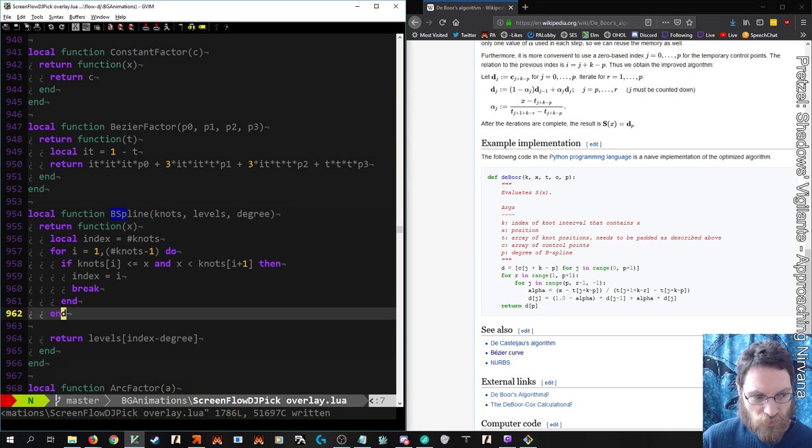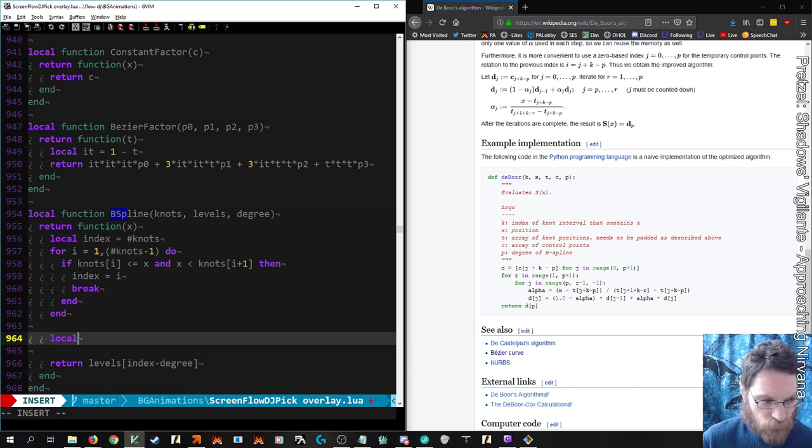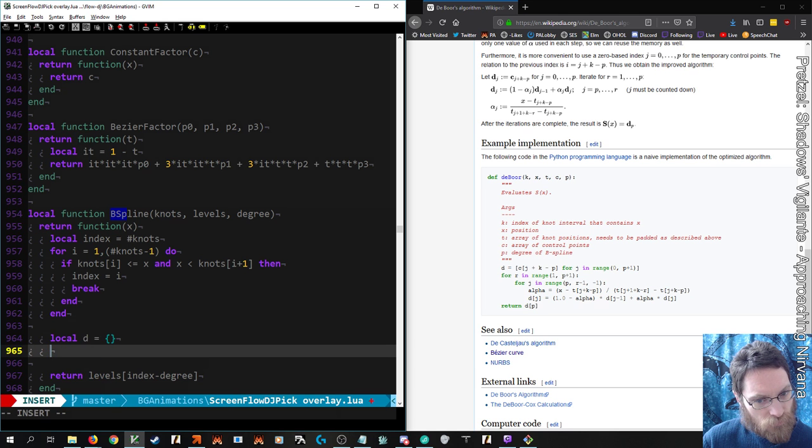Alright, so we need an initial definition of, I don't know what else it's called besides D, which is going to be a table in range 0 to p plus 1.